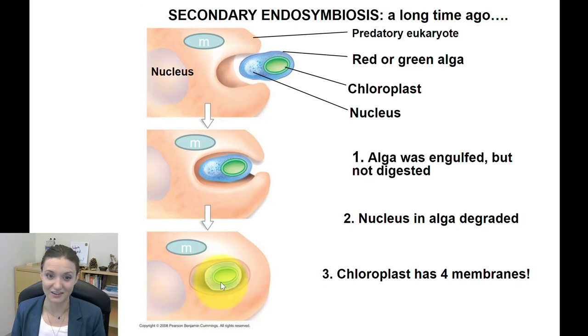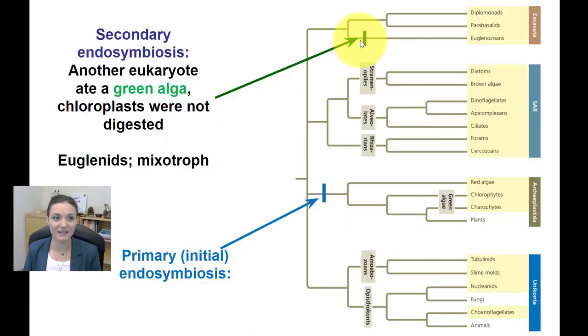And then the nucleus in the algae was degraded. And then now this chloroplast has 1, 2, 3, 4 membranes, that fourth membrane being the vesicle basically that was used to bring it into the cell. Okay, so that's our guess as to how those four-membraned chloroplasts came about, this process that we call secondary endosymbiosis. So we think that happened.